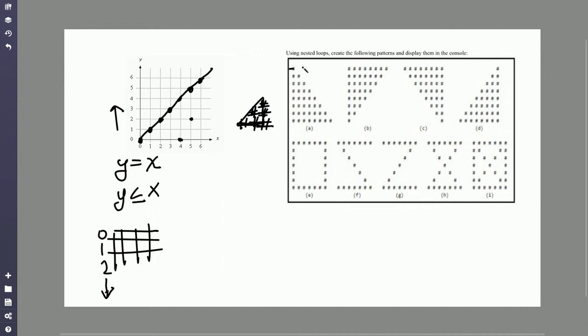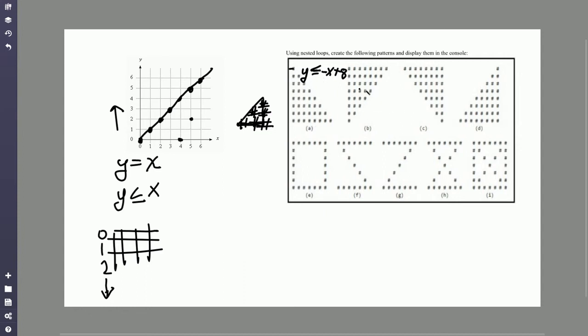So the line right here would be y is equal to -x plus 8, or plus n if we wanted it to be generic. Because we're getting everything below the line, we'll say that we want this when -x plus 8 is greater than or equal to y.